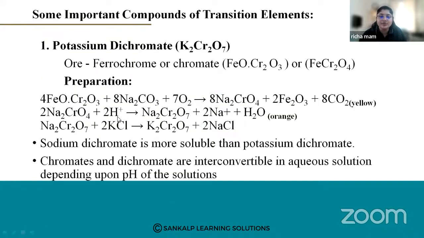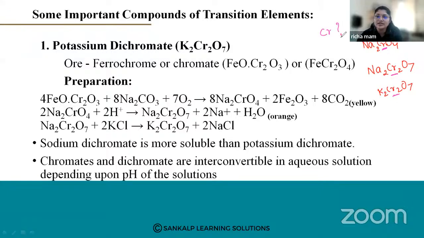Now, similarly, homework for you all. Find the oxidation state of Na2CrO4, then Na2Cr2O7, and K2Cr2O7. You have to find the oxidation state of chromium, only Cr, not Cr2.